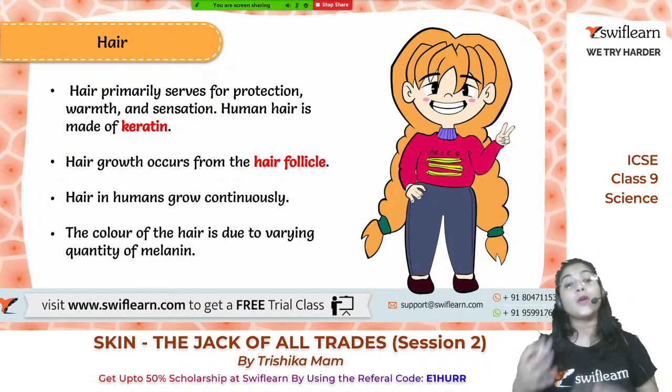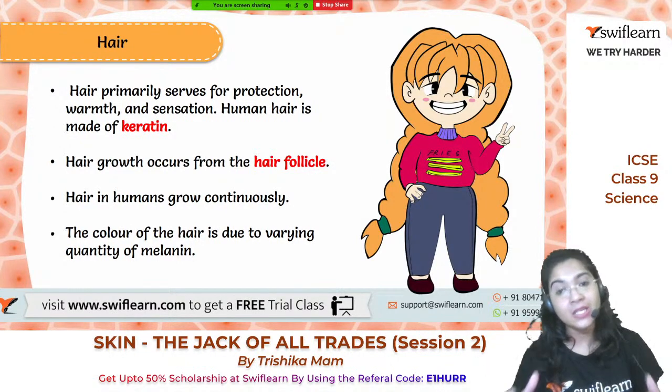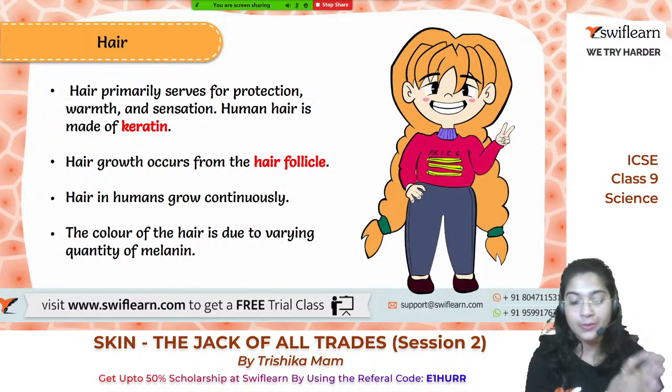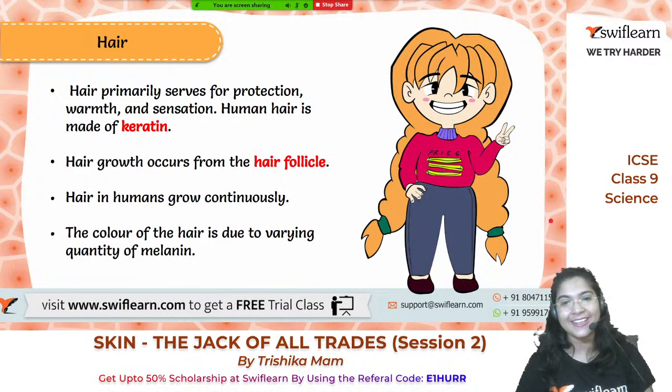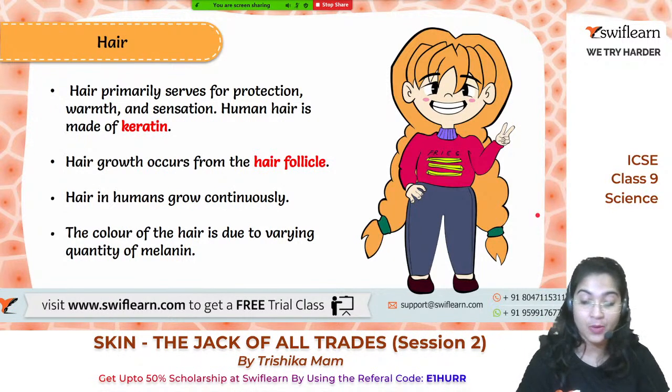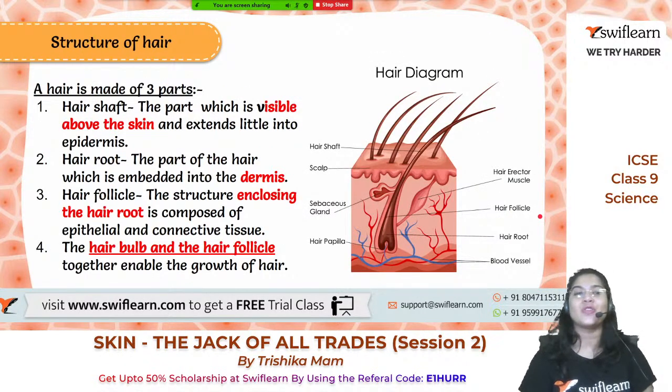So depending upon how much melanin is present in the hair follicle, it will give a proper color to the hair. Up to this much clear hai na? If you have any doubt, please write it down in the chat box. I'm always there to solve your doubt.